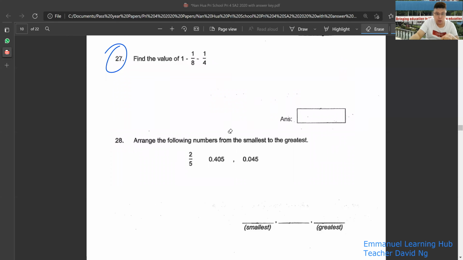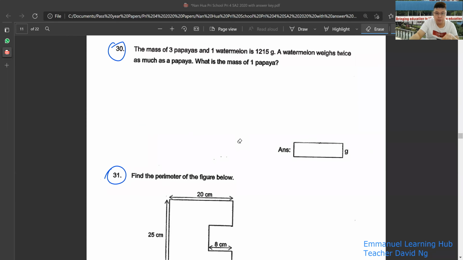Okay, let's move on to the next question, 30. 3 papayas and 1 watermelon is 1215.